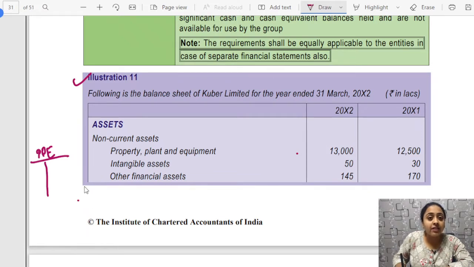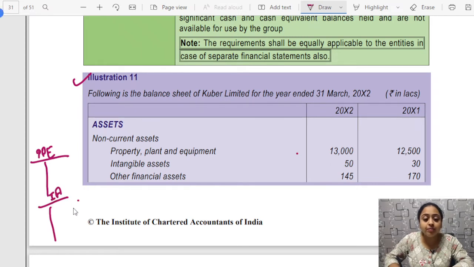Then the balancing figure is the purchase or sale item, and the selling item is 60 lakh which has been removed. So make a ledger of the same. For intangible assets as well, 30 is the opening, closing is 50, and you have put 20 as your depreciation. So you can make a ledger of IA.